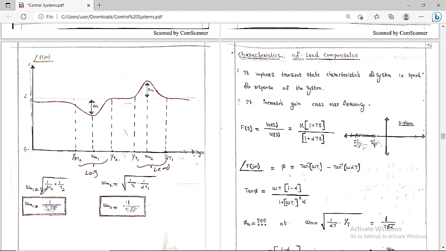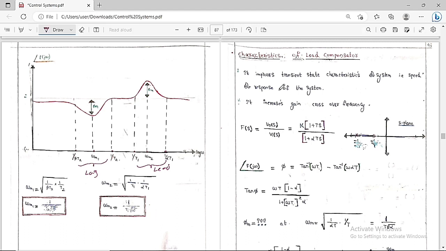At this frequency we are going to get the maximum phase lag angle, and at this frequency we are going to get the maximum phase lead angle. These things you always have to keep in your mind. So this is about the Bode plot diagram for the lag-lead compensator.